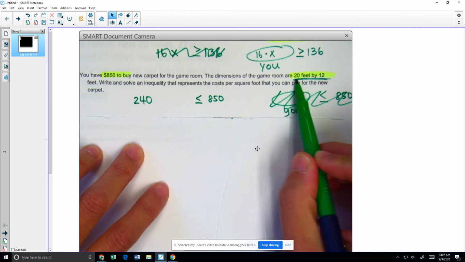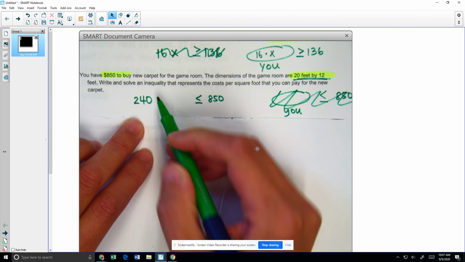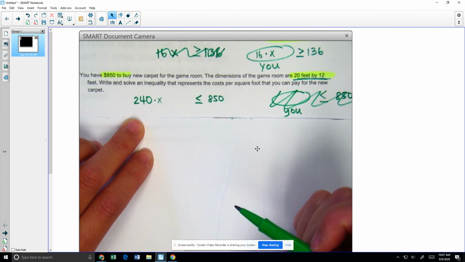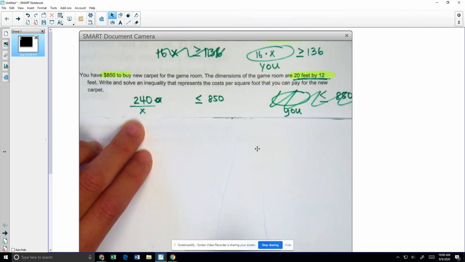So here's your dimensions, 20 by 12. That's how I got the 240. How much does it cost per square foot? Well, it's 240. So how much per square foot? Oh, actually, no, sorry, divide by x. You divide by x this time.